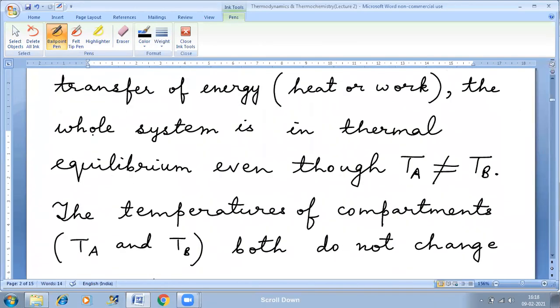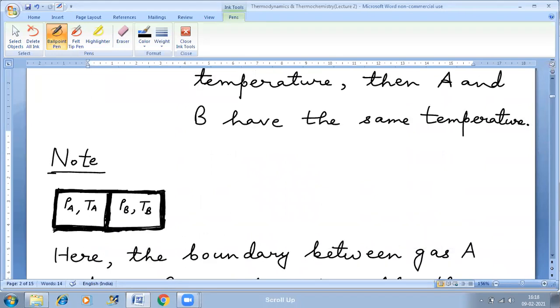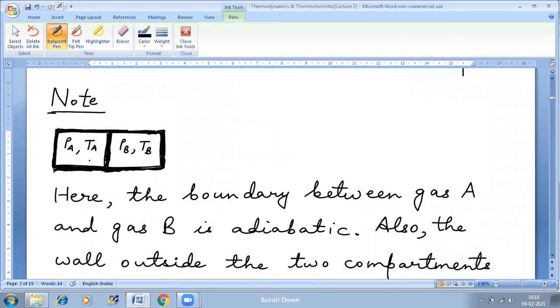Now let's come to this example. Let's say we have a system like this, and there are two compartments inside this. So there's a wall which separates the two compartments.